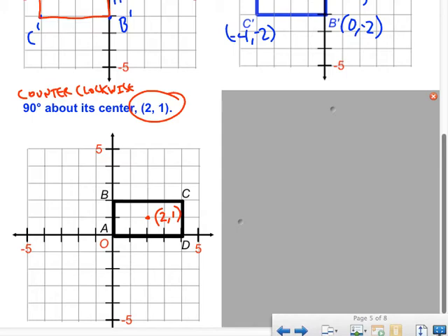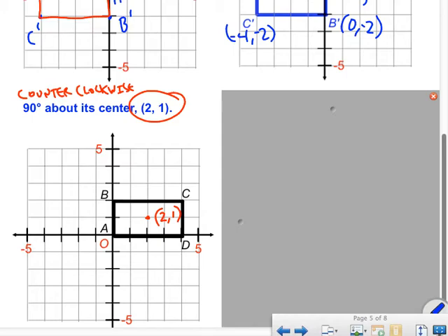What are my new points going to be? Can somebody tell me what my new A is going to be? My image of A. Goldus is the only one.